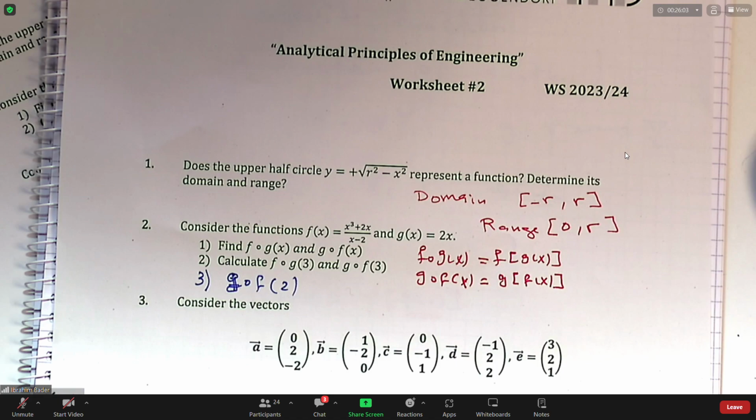of u and v is simply multiplying these numbers together, adding it to multiplying these two, adding it to multiplying these two. Okay. The dot product is equal to the sum of: x1 times x2 plus y1 times y2 plus z1 times z2.